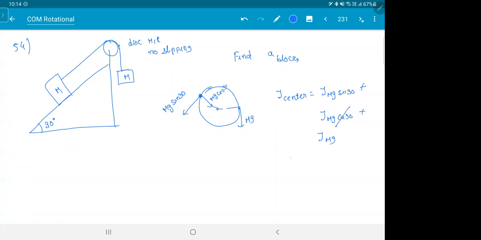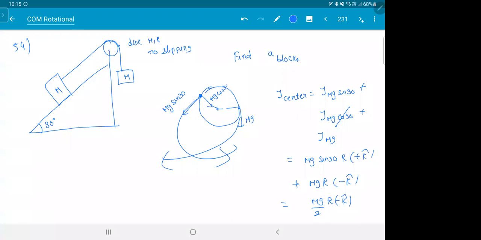The torque due to Mg cos 30 is 0. The torque due to Mg sine 30 will be into R k cap, plus Mg R minus k cap. So the total torque will be minus Mg by 2 R. That is the torque. Any doubts on this? See, Mg sine 30 is rotating this way, Mg is rotating this way, so both are subtracting each other.